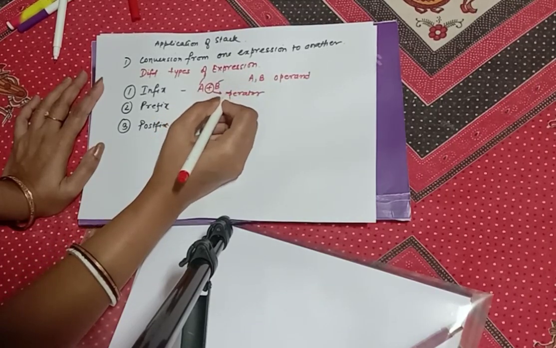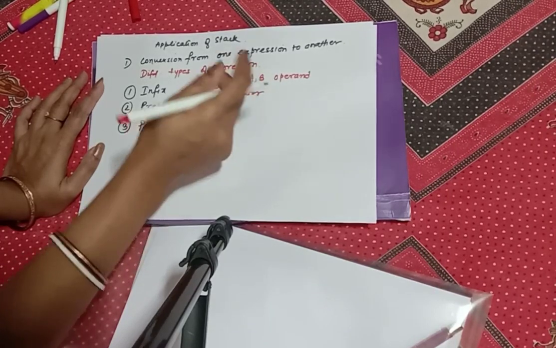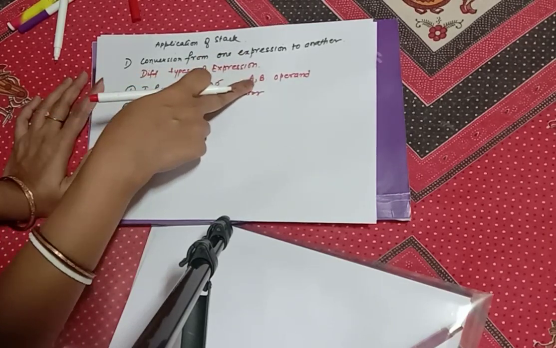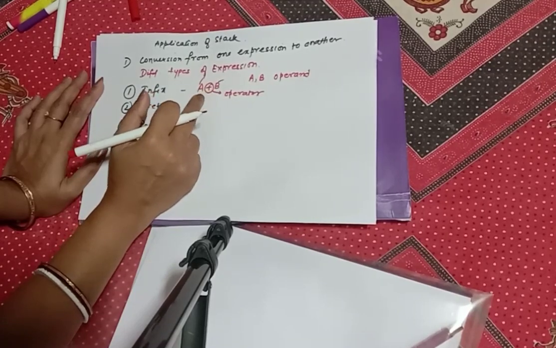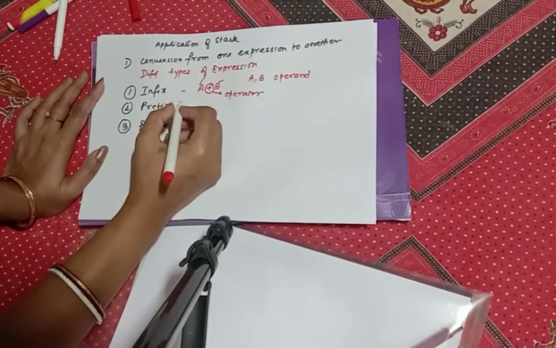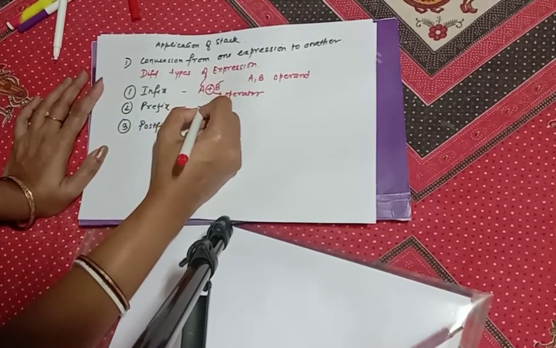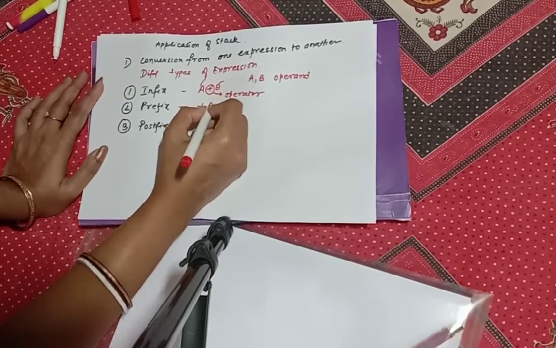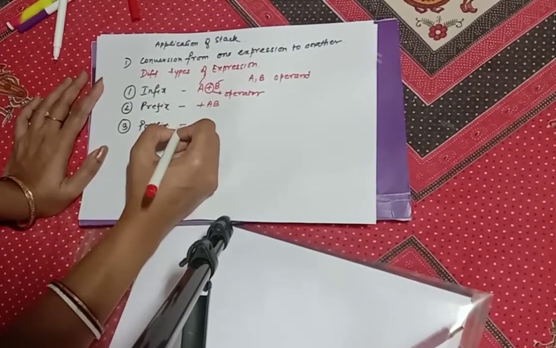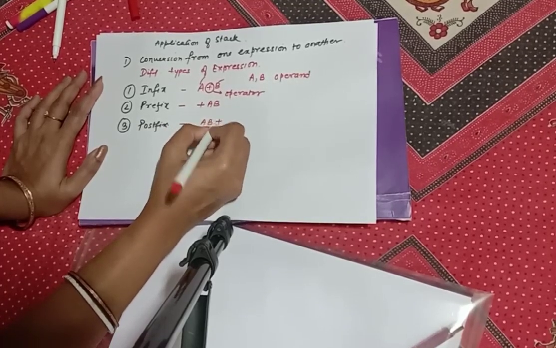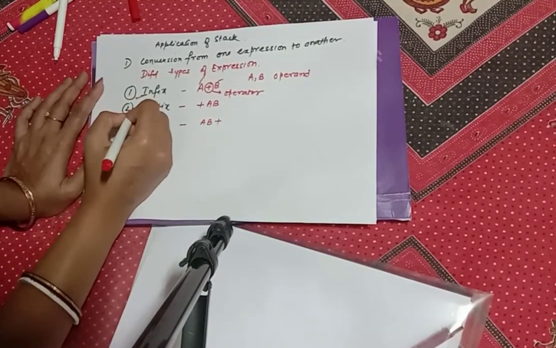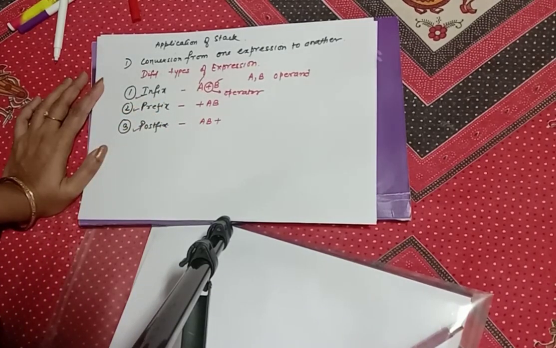It can be plus, minus, division, multiplication, and these are known as operands. In case of an infix, the operator is in between the operands. In case of a prefix, the operator is placed before the operands, and in case of a postfix, it is placed after the operands. So these are the three types of expression.